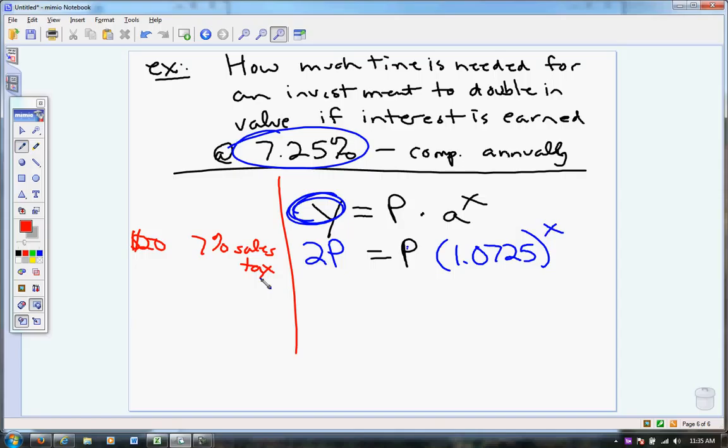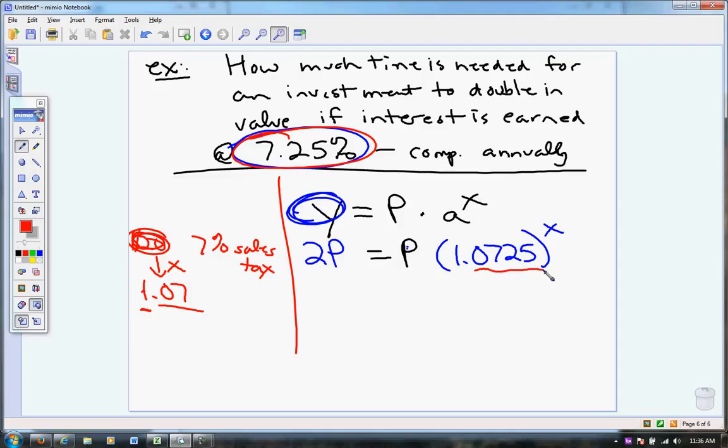Well, you could do 0.07 times 20, and then add it to 20. But couldn't you also just multiply 20 by 1.07? Wouldn't that give you your total bill? It would. Your total bill is the original amount, which is the 1, plus the 7% sales tax. Well, interest earns the same way. It gets added on to what you already had. So that's why whatever this interest rate is, we just add it onto 1.